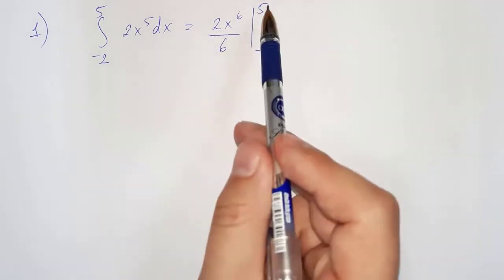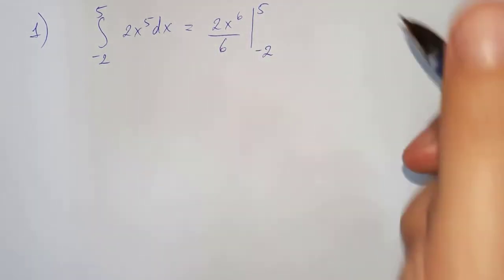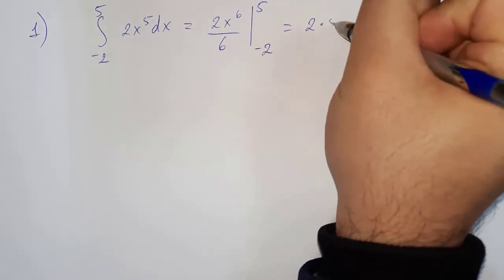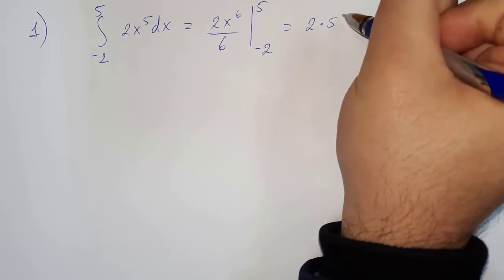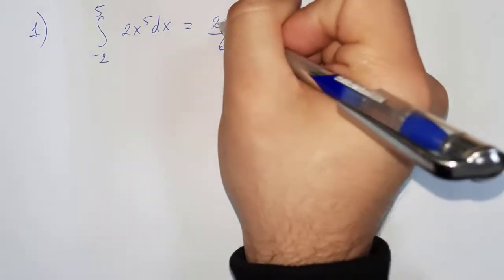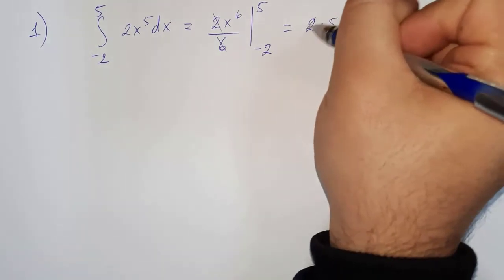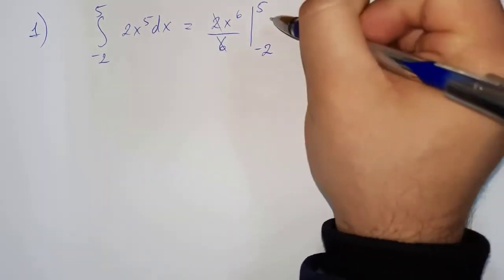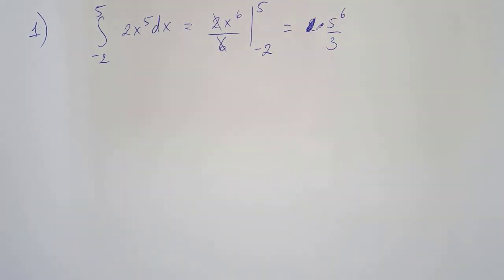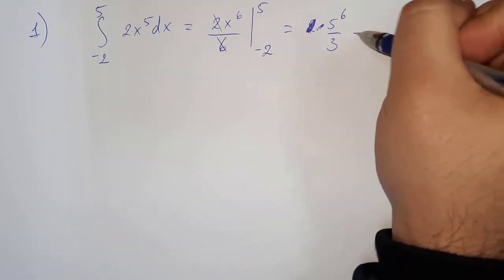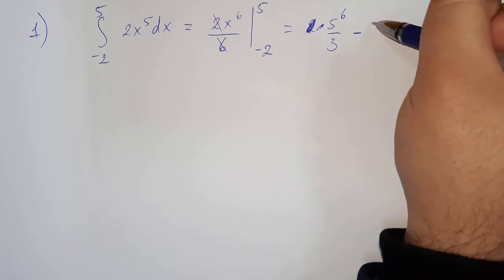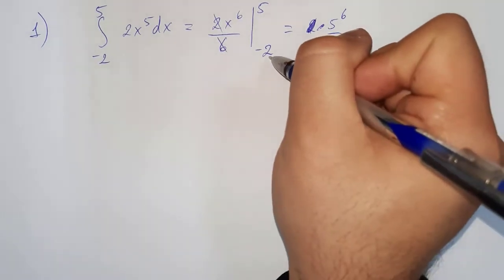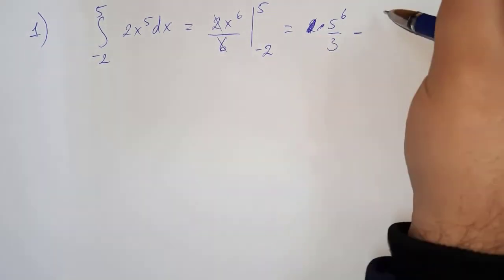So we need to plug into our primitive. It means 2 times 5 to the sixth over 6. Let's cancel them, we have just 1/3, that's why 3 here. 5 to the sixth power over 3, and minus F of a. Now we need to put in the lower limit, which is -2.